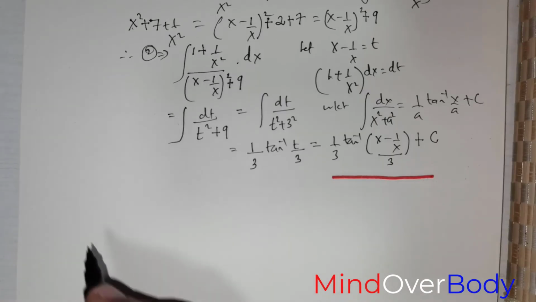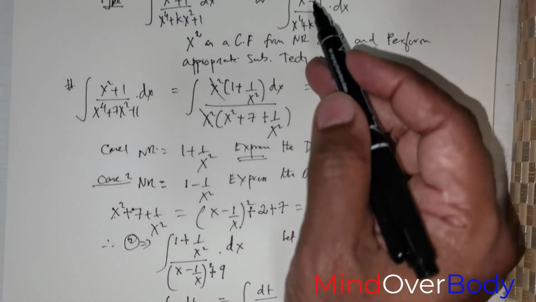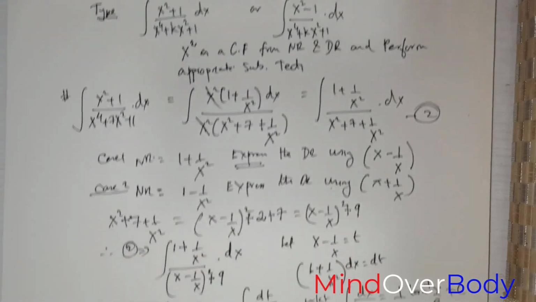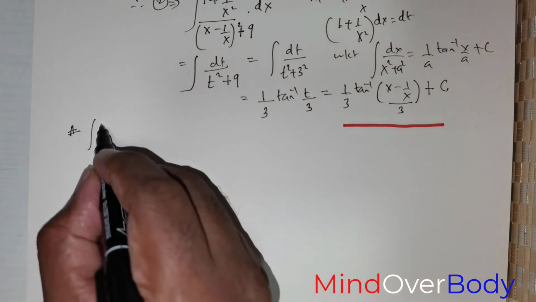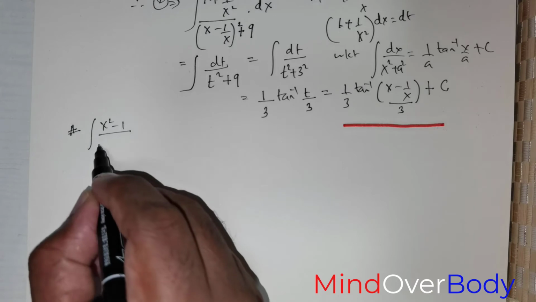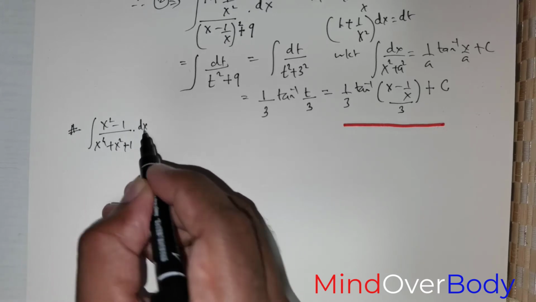So student, now let me give you a second example to show the second type which I've just represented here. So we will do an example to understand that. So we've been given here integral x squared minus 1 over x to the power of 4 plus x squared plus 1 times dx.